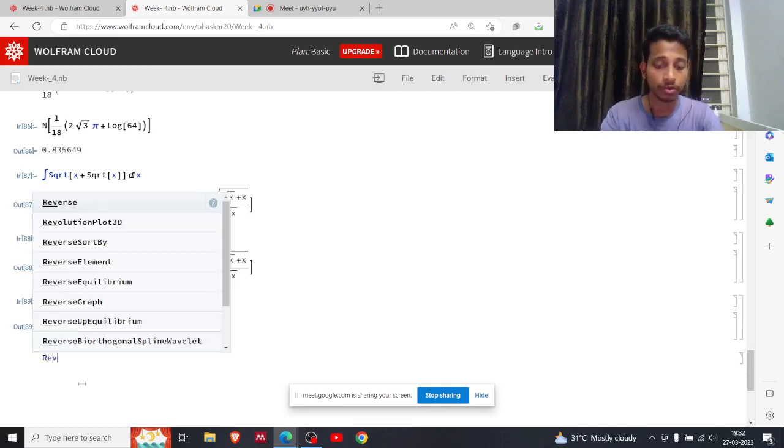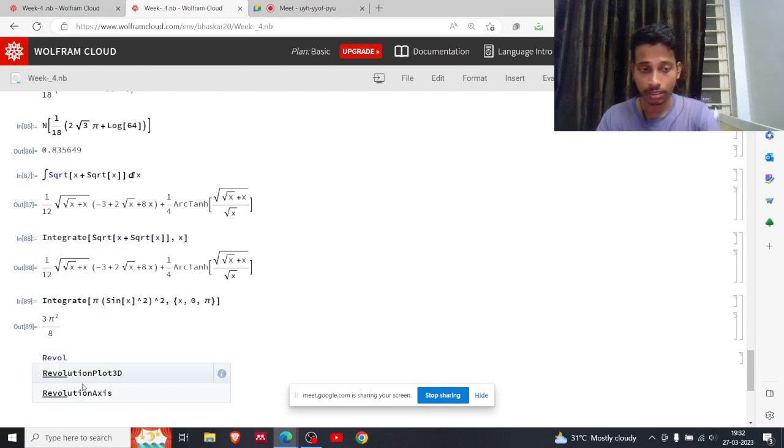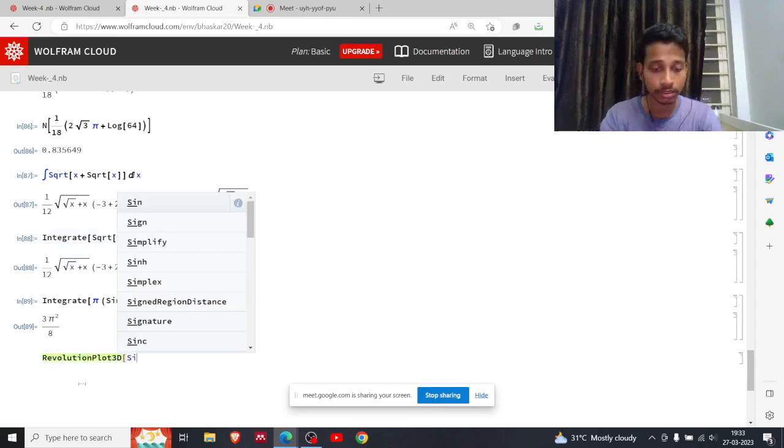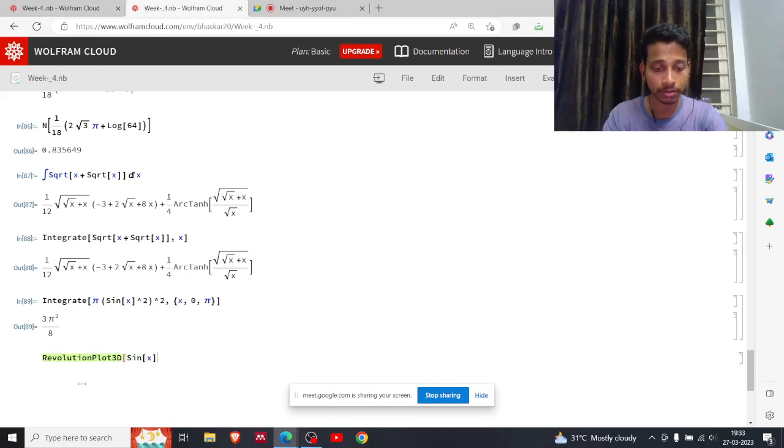So now we'll visualize the thing actually. So revolution plot 3D sin x whole square, x comma 0 comma pi, revolution axis x.